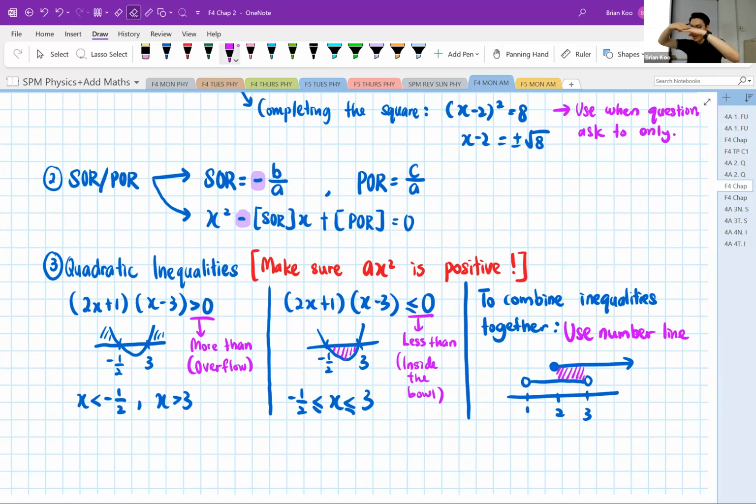You see that part that they overlap? That is your answer. If you want to shade down here also can. But it will tell you that my answer is actually from here until here only. In English, it's like this. In maths, it's the sandwich one, remember?